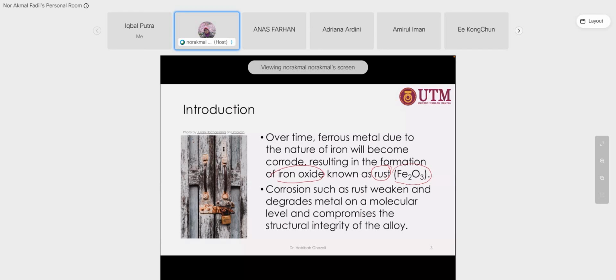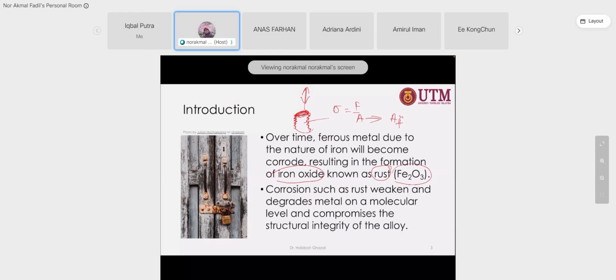So imagine if you have designed something to support a load. For example, you have a compression load or tension load, and you have a structure like this. The stress experienced by this structure is stress equal to F over A. What is A? A is the cross section of this structure. So if this structure is corroded at the surface, the A will change, becoming A final, not initial.